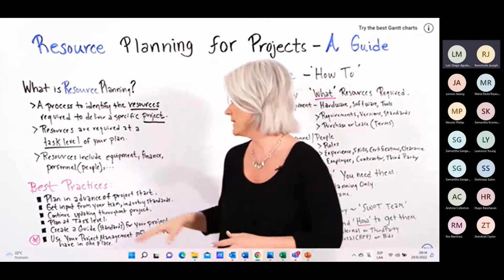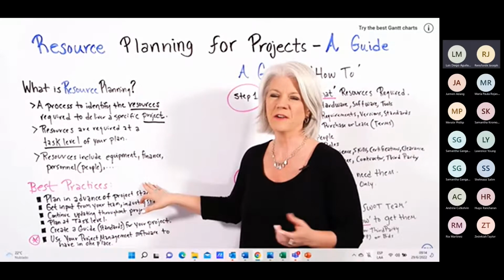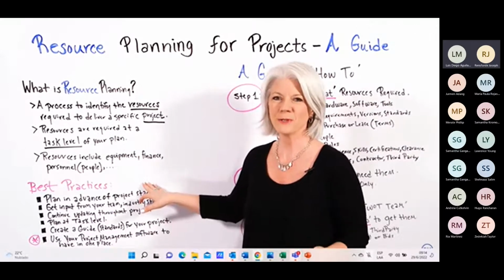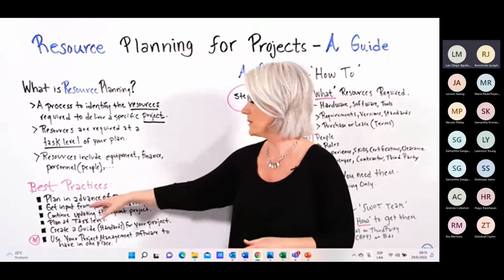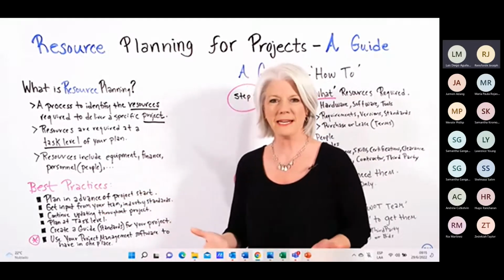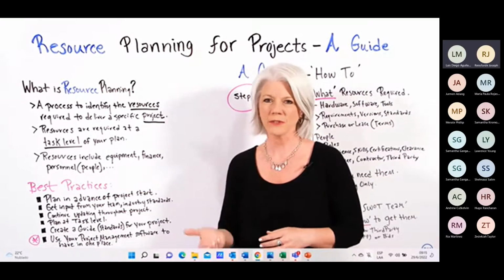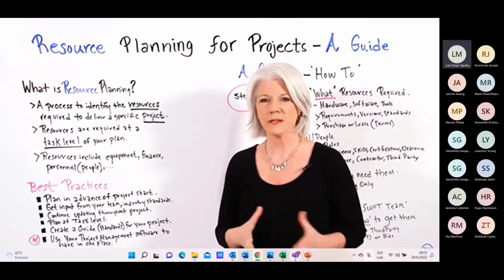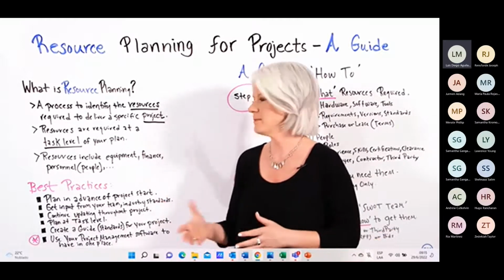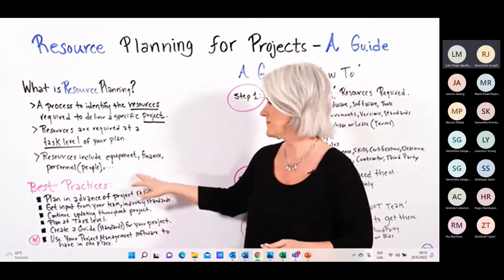So the best practices is plan in advance of your project start date so you ensure that you have these resources on hand. You also want to get input from your team when you're planning, just to make sure you haven't overlooked something. Maybe so you don't overlook different types of people that you need on the project or any other type of equipment or other needs.